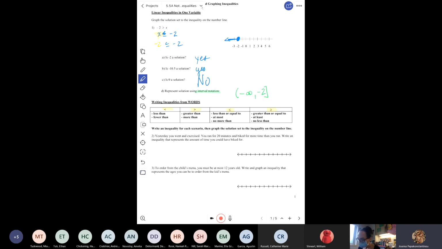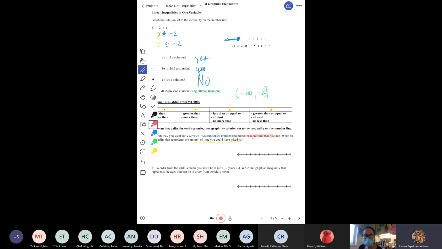You ran for 20 minutes and biked for more time than you ran. More time than you ran. Write an inequality that represents the amount of time you could have biked for. So you're going to have to introduce variables. If I don't define the variables for you, you're going to have to define them yourself.